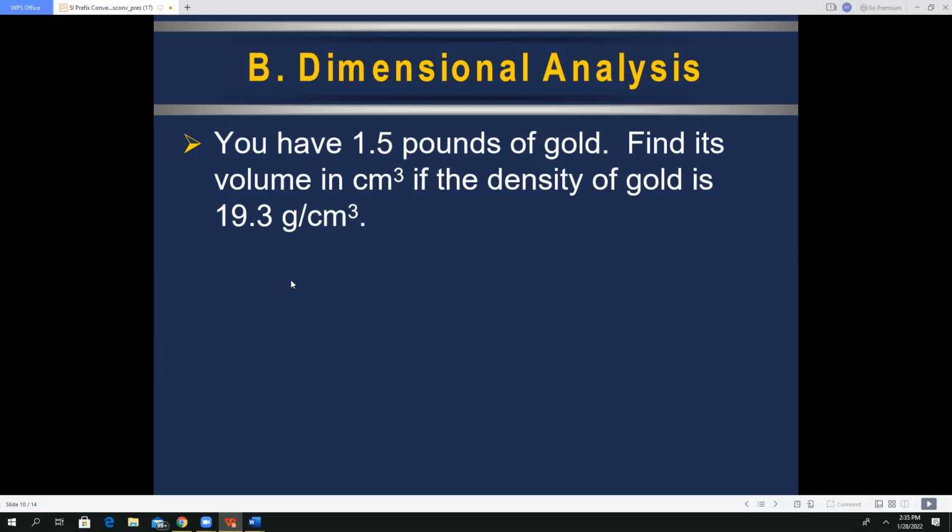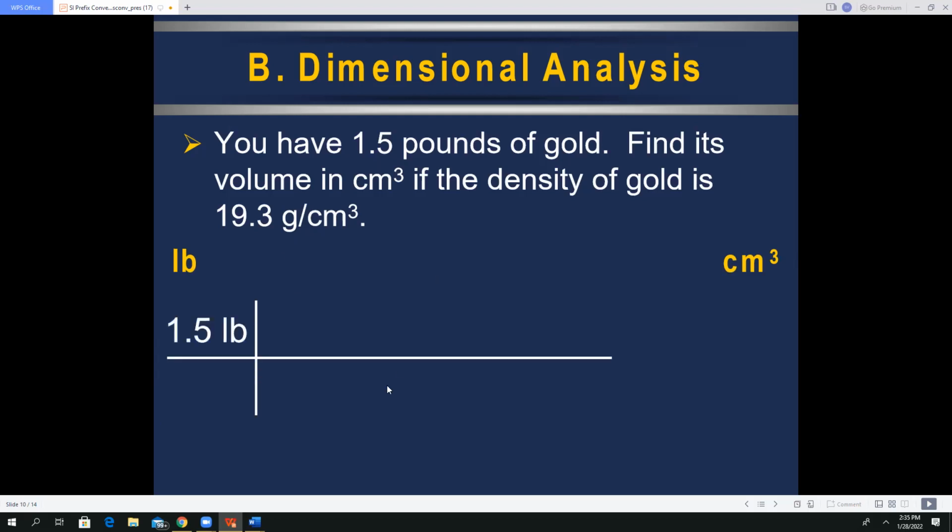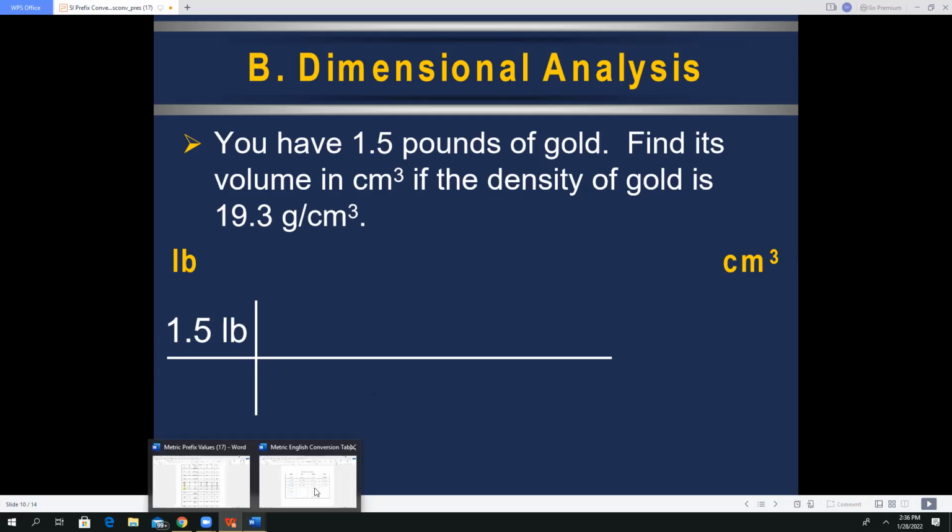So you're setting it up. Remember, first thing, you're going from pounds to centimeter cubed. We know the pounds, right? That's the first thing. So we need 1.5 pounds here. Then we need to go to our conversion factors that we have and see what is between pounds and kilograms, or pounds and grams, or pounds and something.